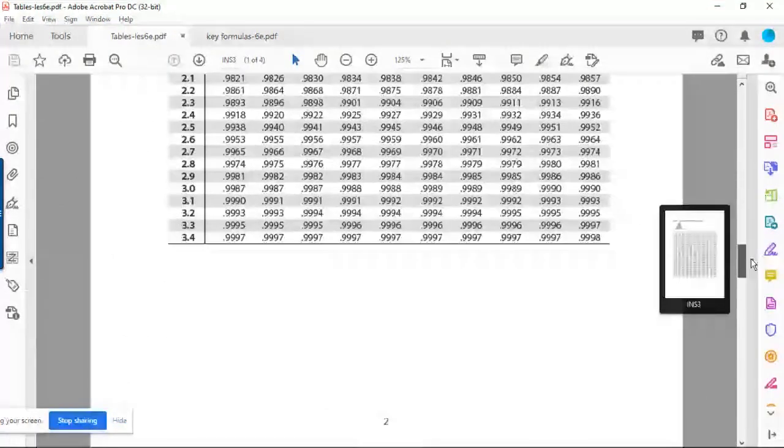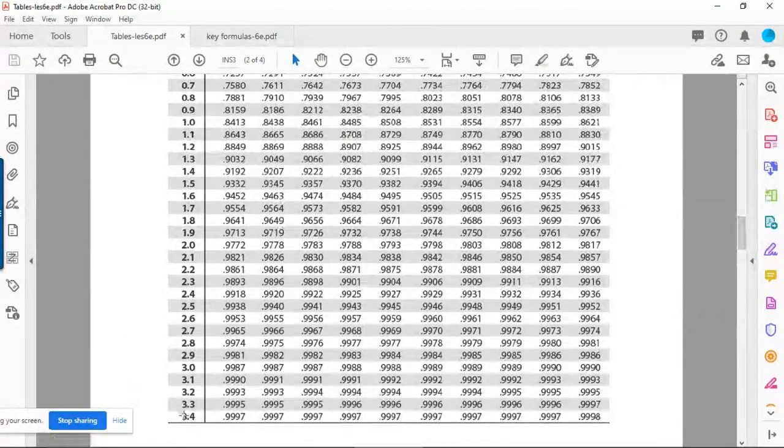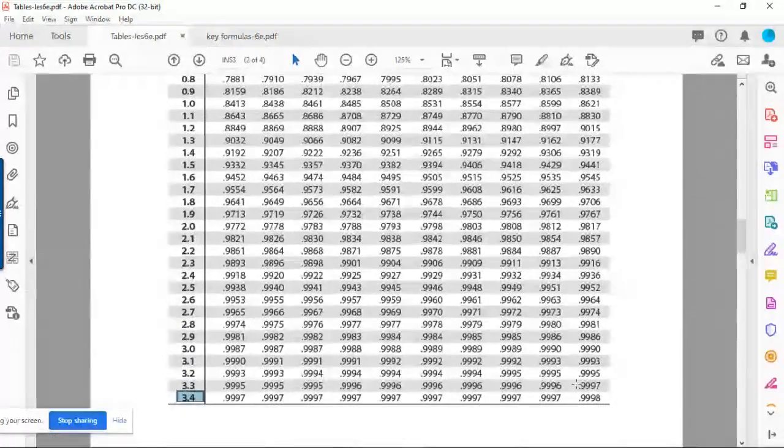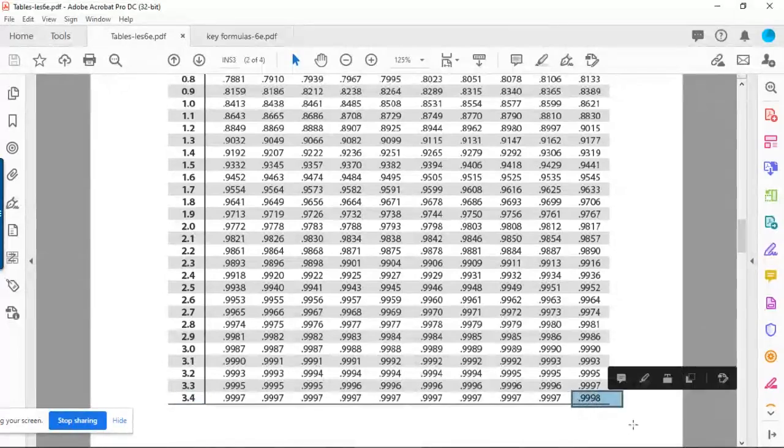The biggest number we can read from the table here is 3.49. So if you have anything more than 3.49, you're just going to use this number because this is very close to 1 already. You already got a 9 in here. The total area is 0.99, right? So this is very, very close to 1 already, so we're just going to use this one right here.